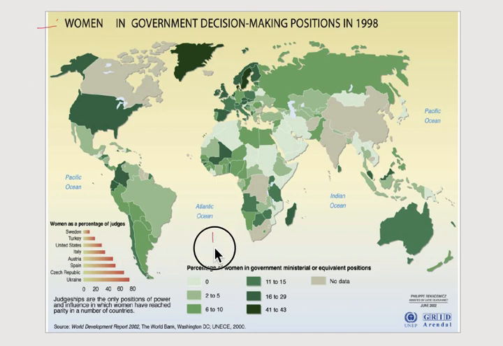We have our legend here, percentage of women in government, ministerial or equivalent positions. So again, they removed the word legend and titled their legend appropriately to what the map is about and their classes. And then they also have percentage here.